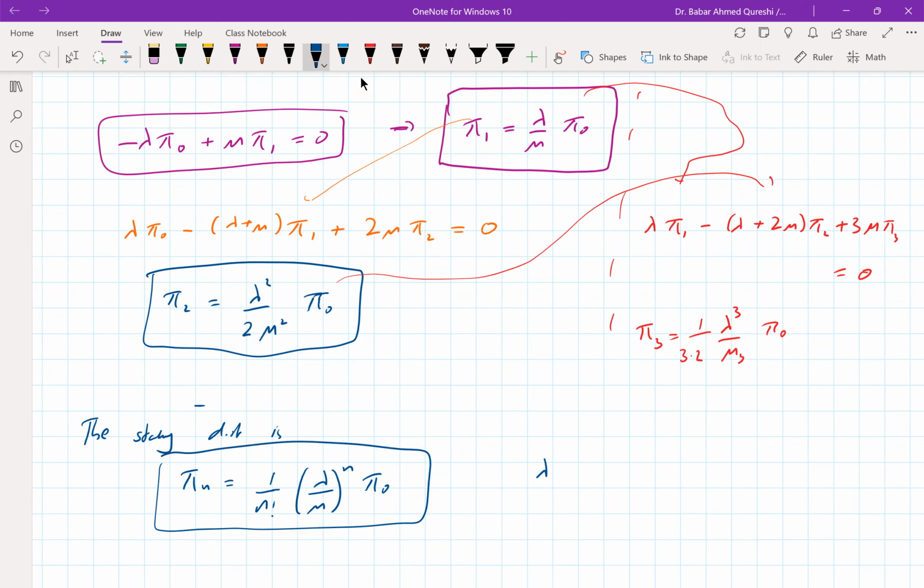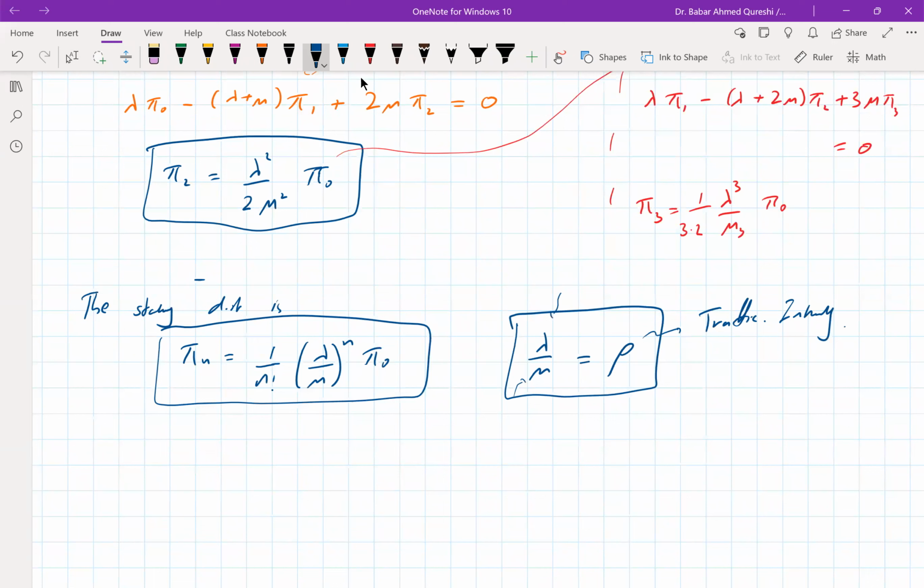This lambda over mu, where this is the birth rate, this is the death rate, this is given, this symbol is usually the ratio of the birth over death, and it's also called the intensity or traffic intensity, because it's like how many are coming and how many are leaving, the ratio of that.